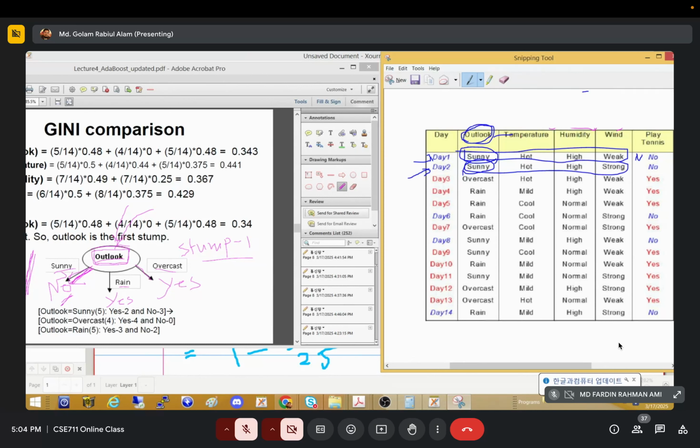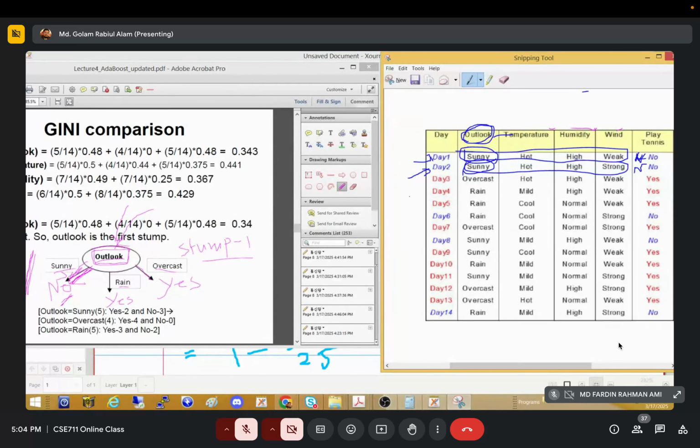If outlook equals sunny, then we move in this direction, and again we will get no. Previously we got no, and this time also no.